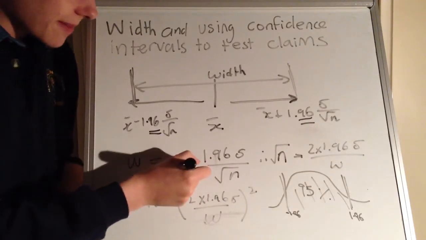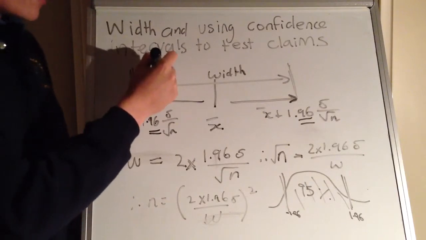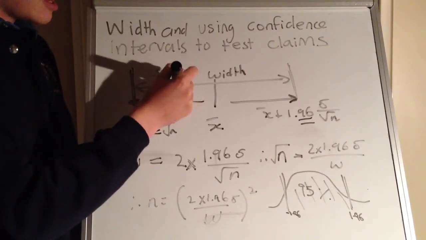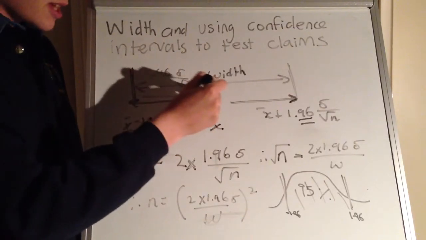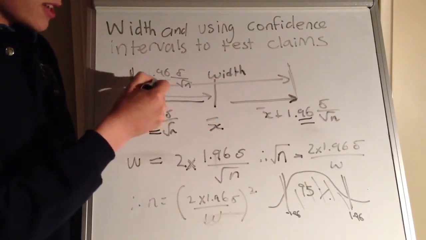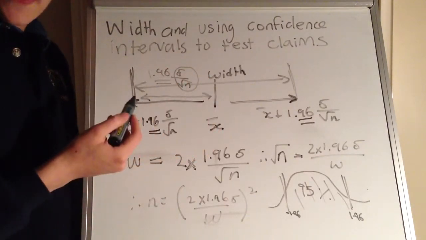Now I'll talk a little bit about how I derived this. So we've got 2 times 1.96 sigma over root n. Essentially 1.96 sigma over root n is the width of this, because it is essentially 1.96 sample standard deviations to the left of the mean.